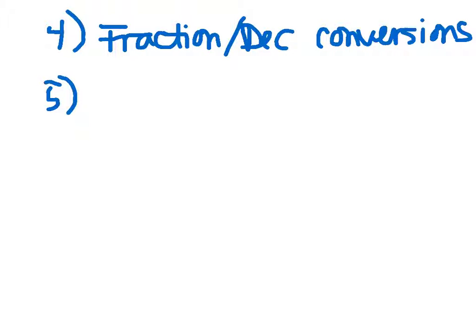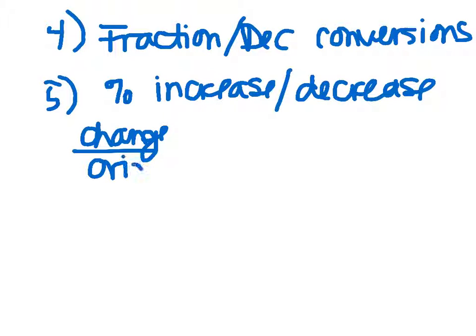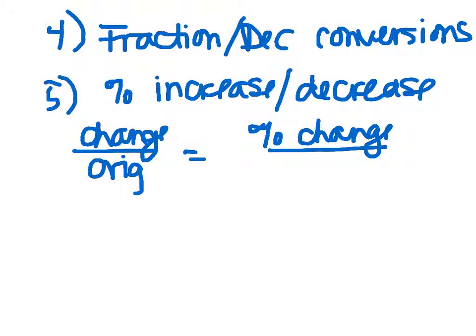Just remember, in percent increase or decrease, you need one or the other. If you use the change over the original, you need percent change over original. So actually, if you're going to use the percent change over 100, then you need to understand that what you will have solved for is the change.